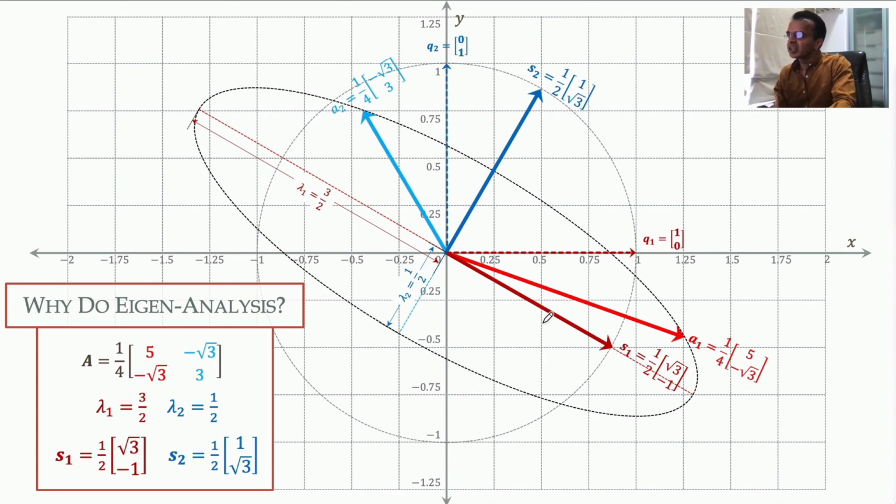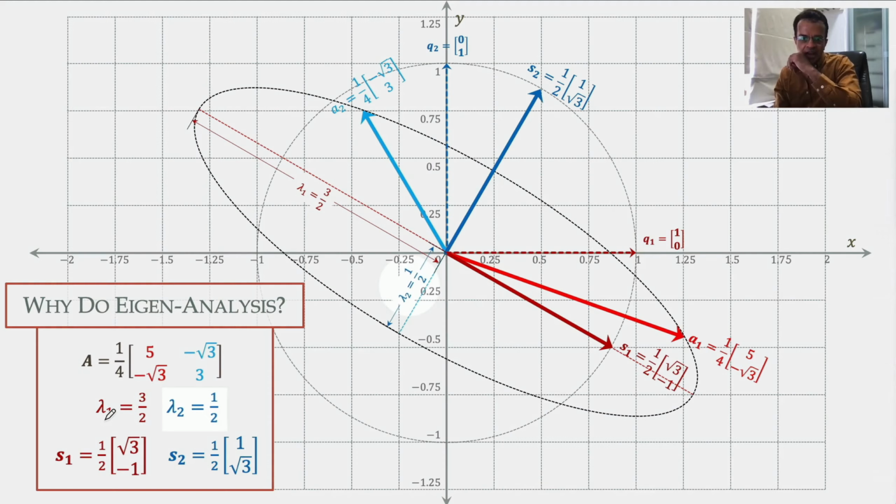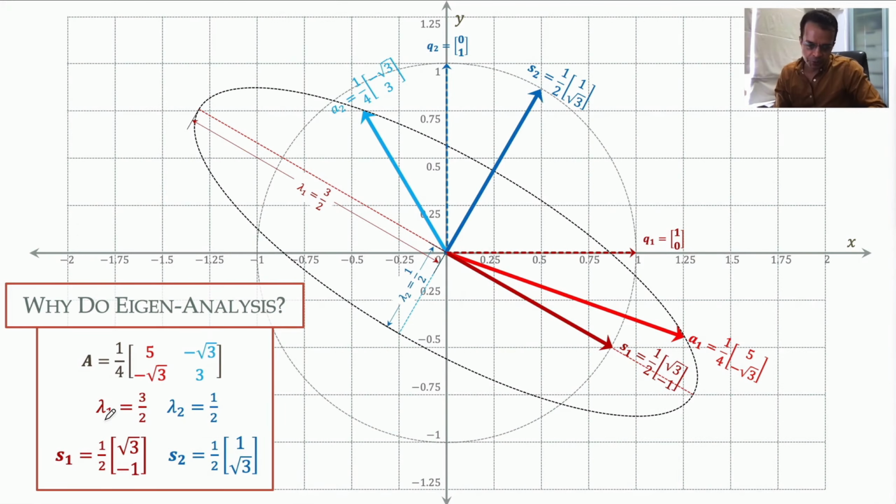So in this case, the dark red eigenvector is normalized, so it's on the unit circle, and points in the direction of the major axis of this ellipse, and the size of the major axis is just the eigenvalue lambda 1. The blue eigenvector and the corresponding eigenvalue will be lambda 2 and s2. So that's what it is doing. It's basically specifying the ellipse to which a unit circle gets transformed by the matrix.